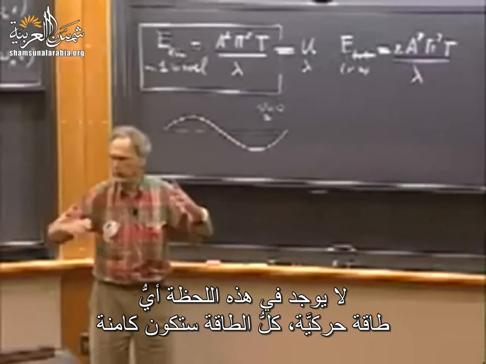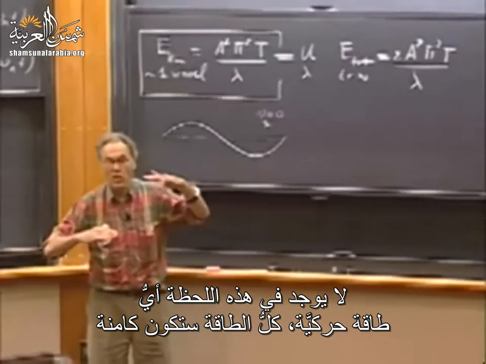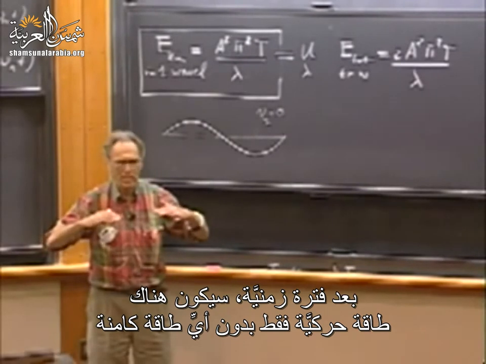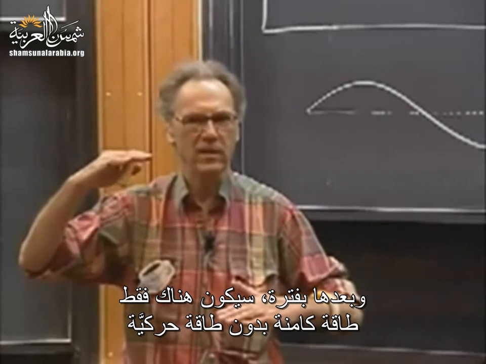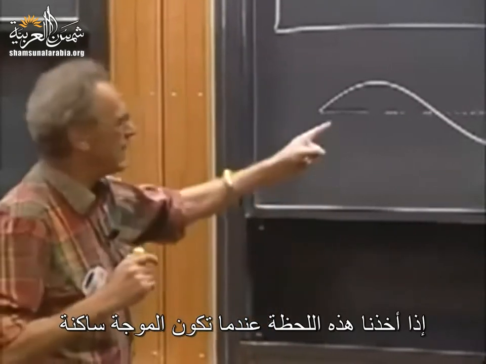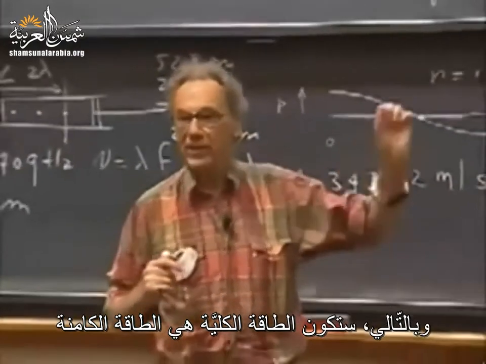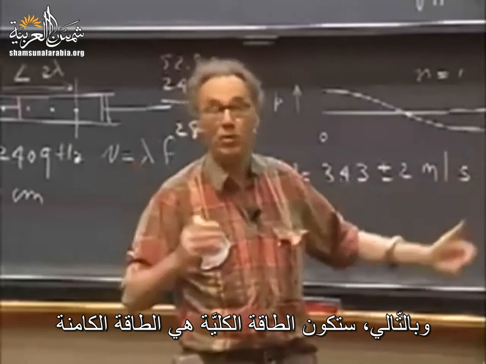That's a standing wave, you've seen that. At this moment, there is no kinetic energy. There is only potential energy. A little later there is only kinetic energy and there is no potential energy. And a little later there is only potential energy and no kinetic energy. If I pick that moment that it stands still, then I know that that's the total energy. Because it's only potential, but it is the total.